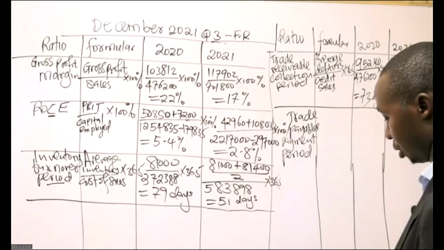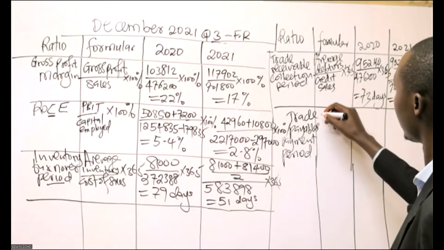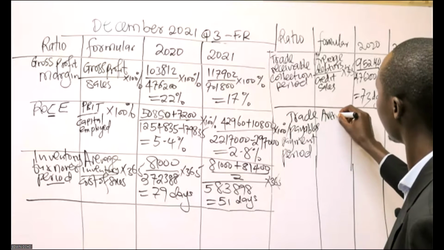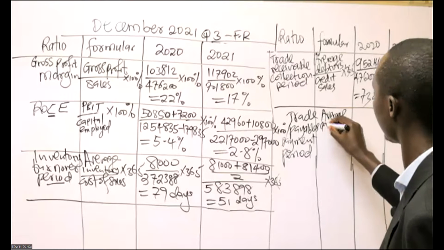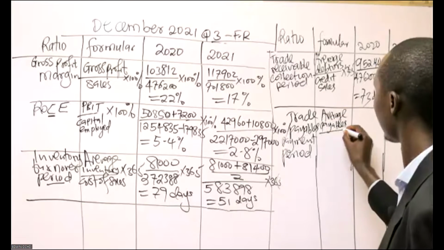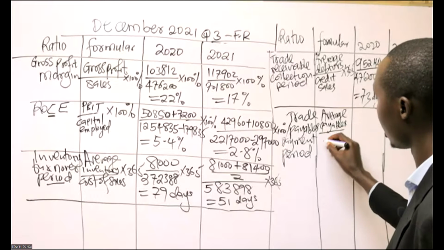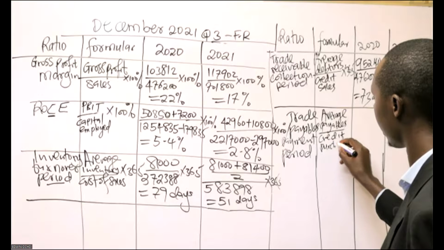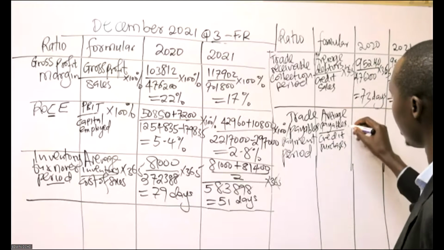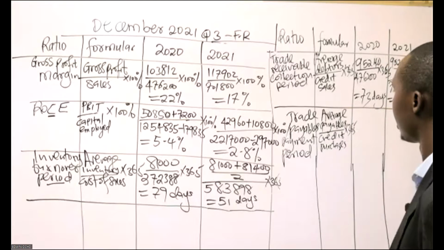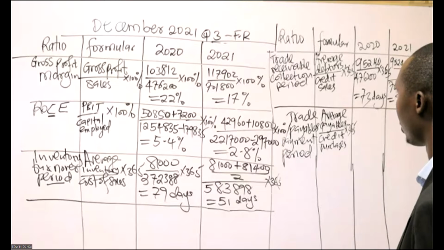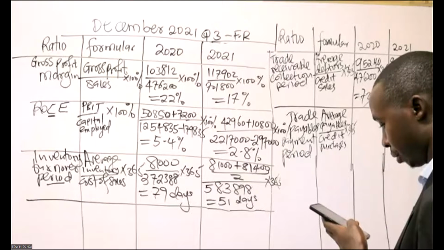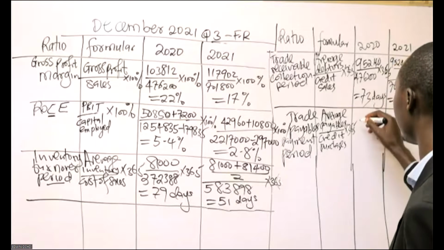Trade payables payment period. So you take your average payables over credit purchases, times the days, 365. So the payables for 2020, 111,715.